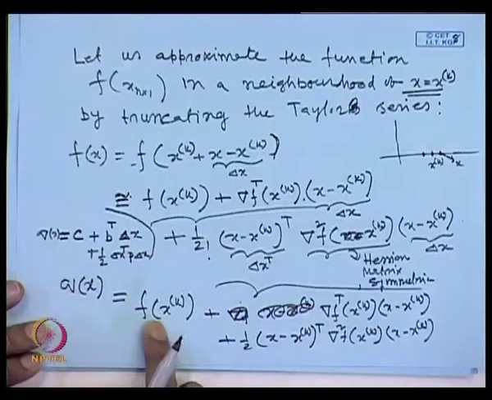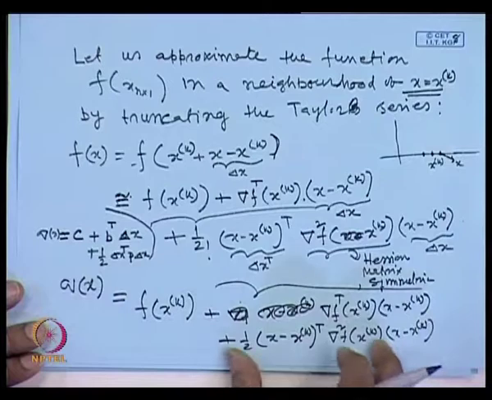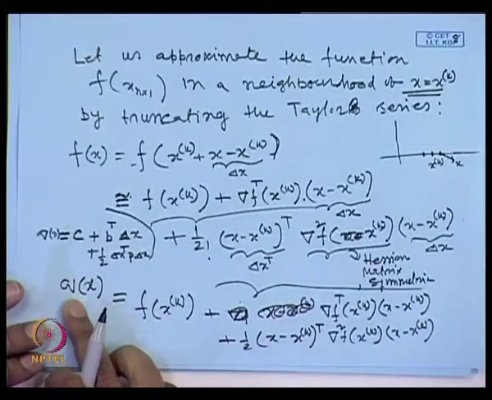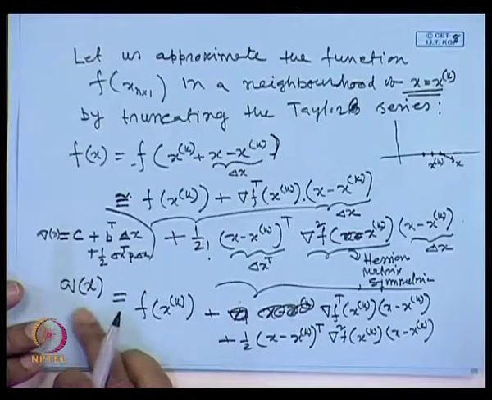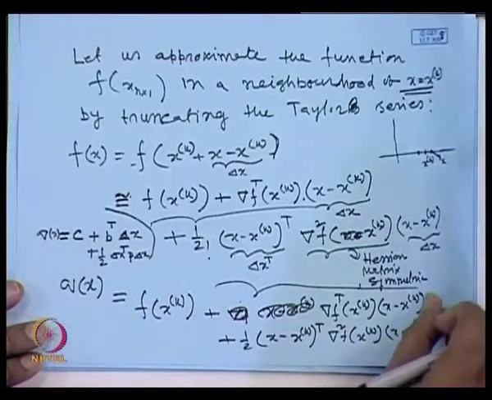Now, this function q of x we have to minimize, which means we have to differentiate it with respect to x. X is a vector whose elements are x 1, x 2, up to x n.